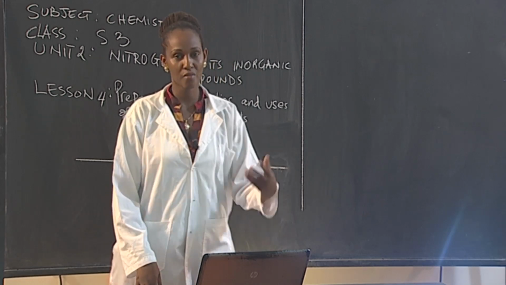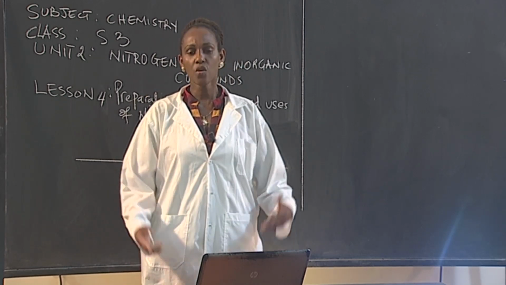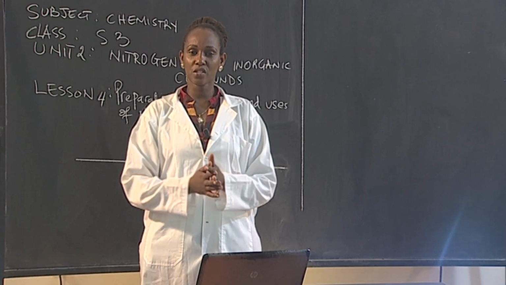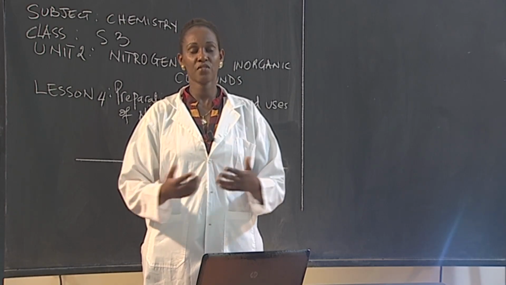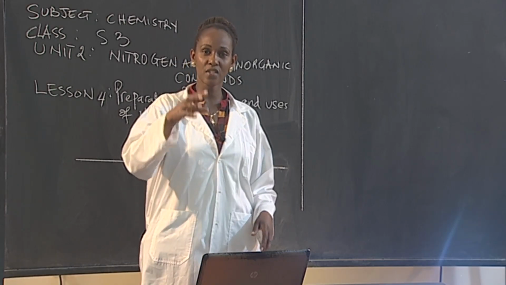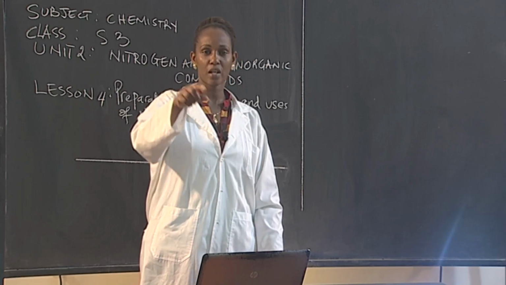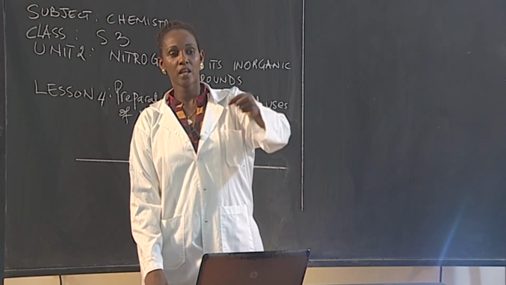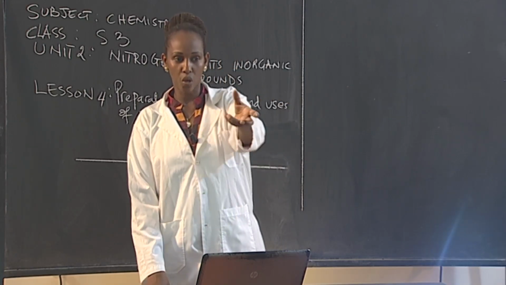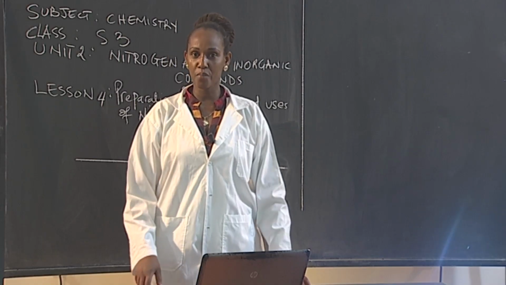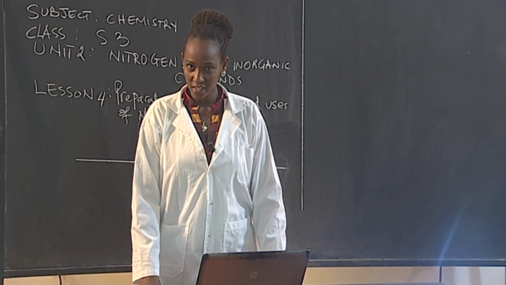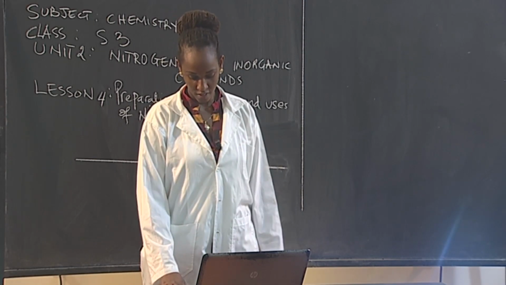So, get ready with your books, with your pens, and be attentive for the lesson, so that at the end of this lesson, everybody among you should be able to attain this objective. All right? So we can start off.